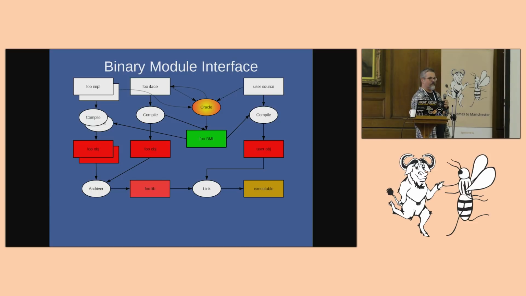When I'm using this as a user, I have my source code that's got an import statement. The compiler has to read the BMI to be able to generate the object file, which I link together in the user way to get an executable. Now there's a problem you've probably all wondered about: given a module import statement that just said import foo, how do I find this BMI?